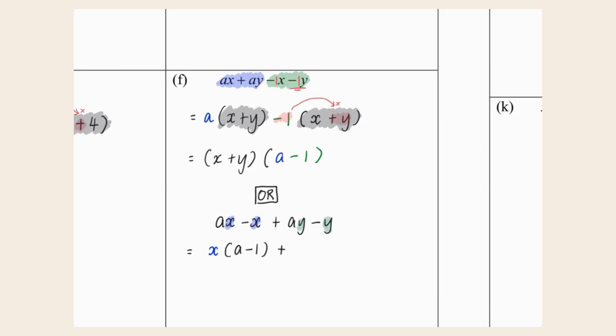My y is the common factor. I will be left with a minus 1 as well. And you will also see that it does give me back my same answer. This is the equivalent version of the top. Okay?